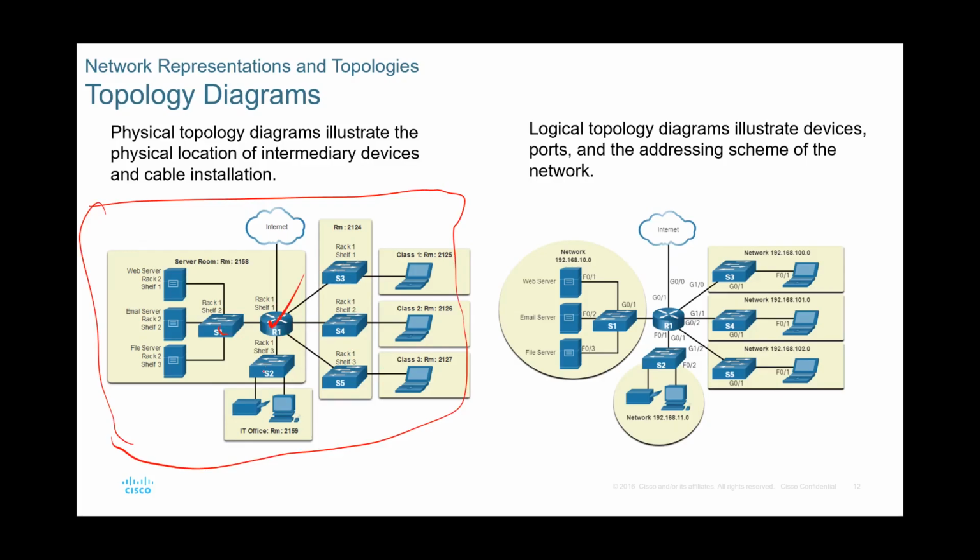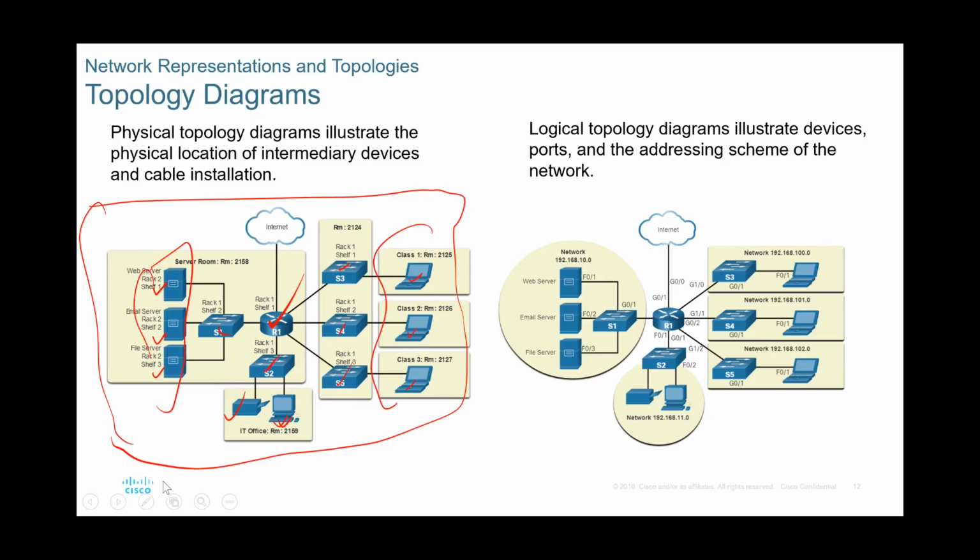They have 1, 2, 3, 4, 5 switches. They have one printer. And these icons are servers. There are 3 servers. And of course, look at the icons for computers. 1, 2, 3, 4. 3 laptops, 1 desktop.